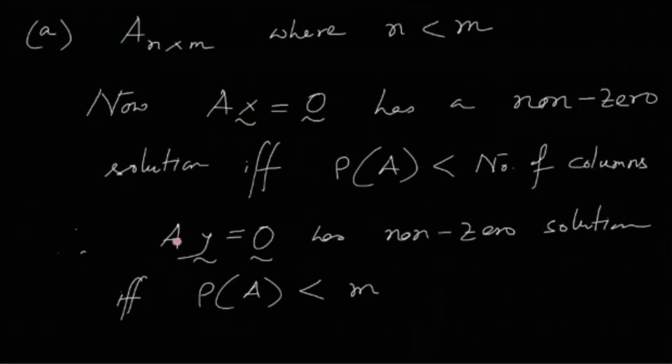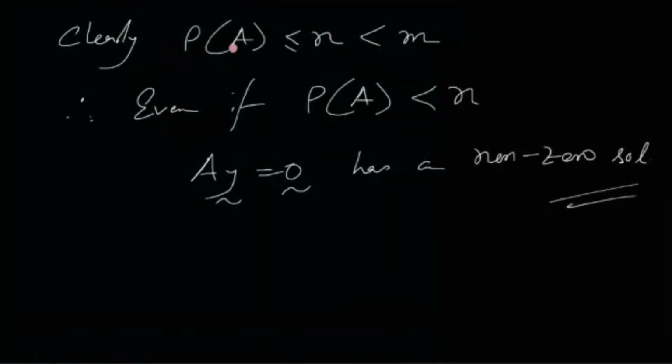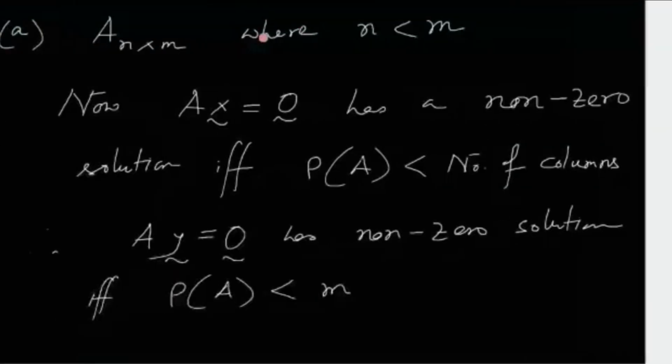Therefore, the system Ay equals 0 has a non-zero solution if and only if the rank of A is less than m, the number of columns here. Now, the rank of A cannot be more than m, because we know that the rank of A is less than or equal to the minimum of the row number and the column number.